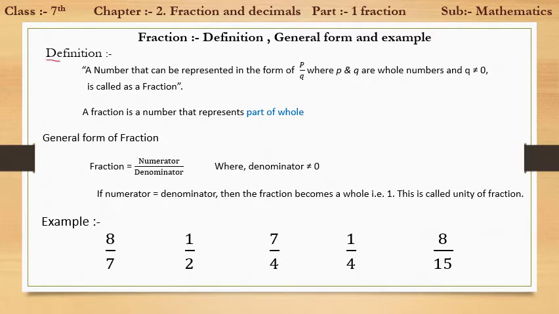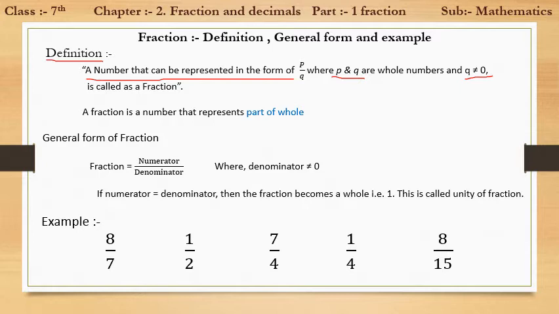So, definition of a fraction. What is the main definition of a fraction? A number that can be represented in the form of p by q, where p and q are whole numbers and q is not equal to 0, is called a fraction.